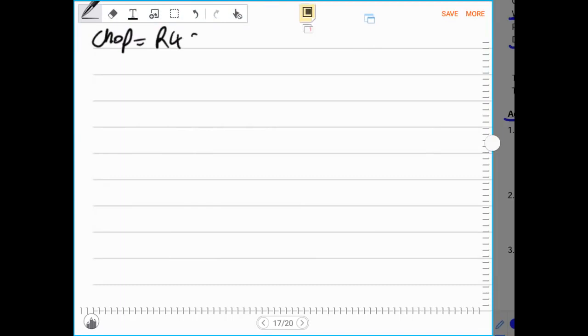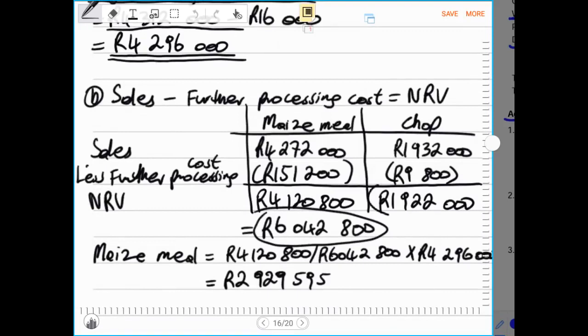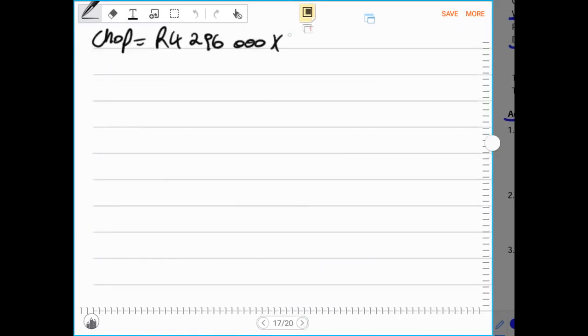We multiply this by the net realizable value for this product, which is 1,922,000, and we divide this by the total of 6,042,800.